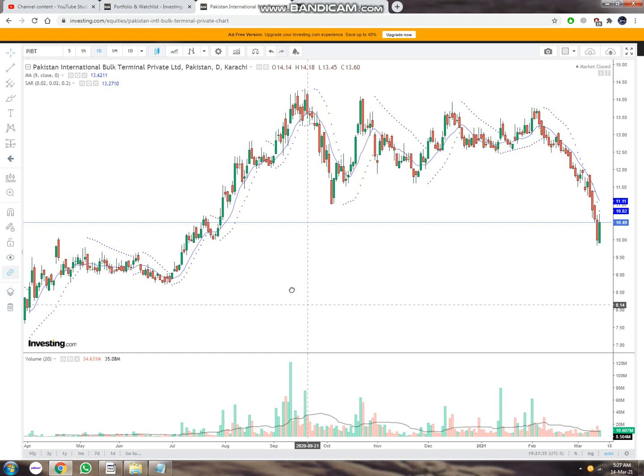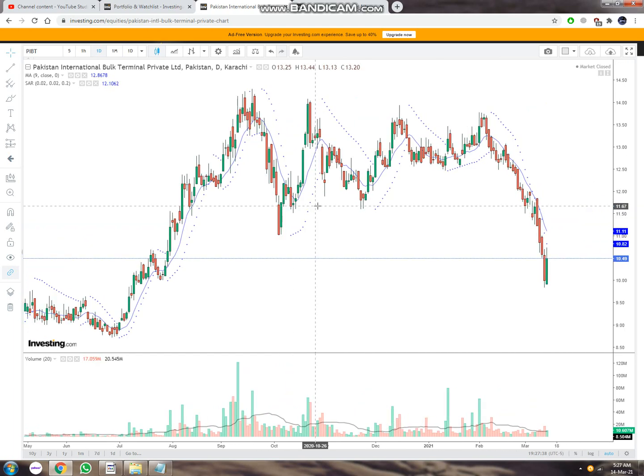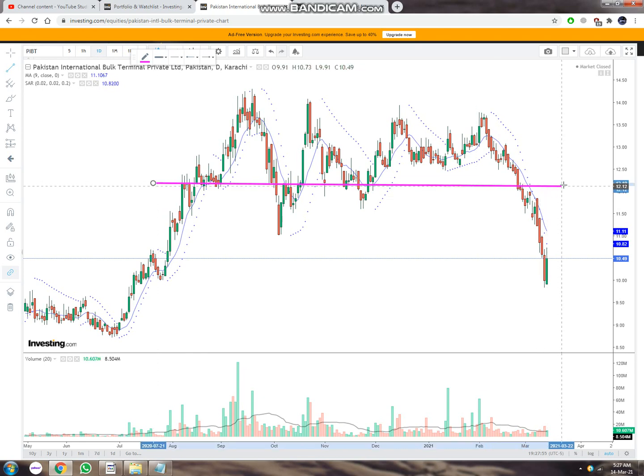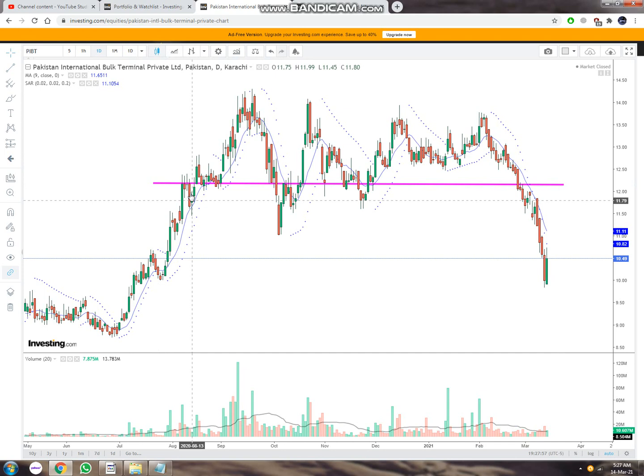Now as you can see, I picked up a random stock. For the breakthroughs, what you'll have to do is recognize your support and resistance levels. In this case I found this area as my resistance level.